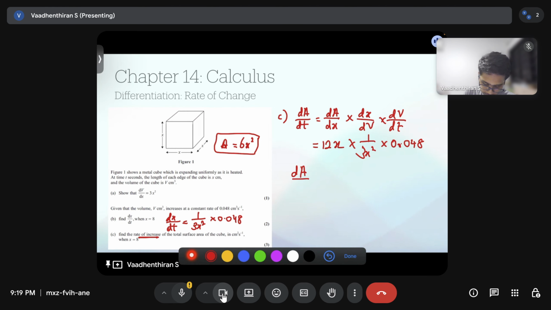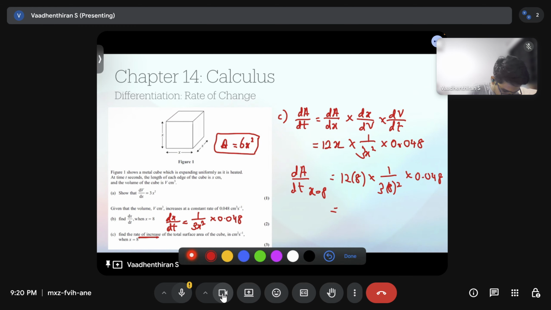Now at x equals 8, it is 12 times 8 times 1 over 3 times 8 squared times 0.048. So that's 0.024.